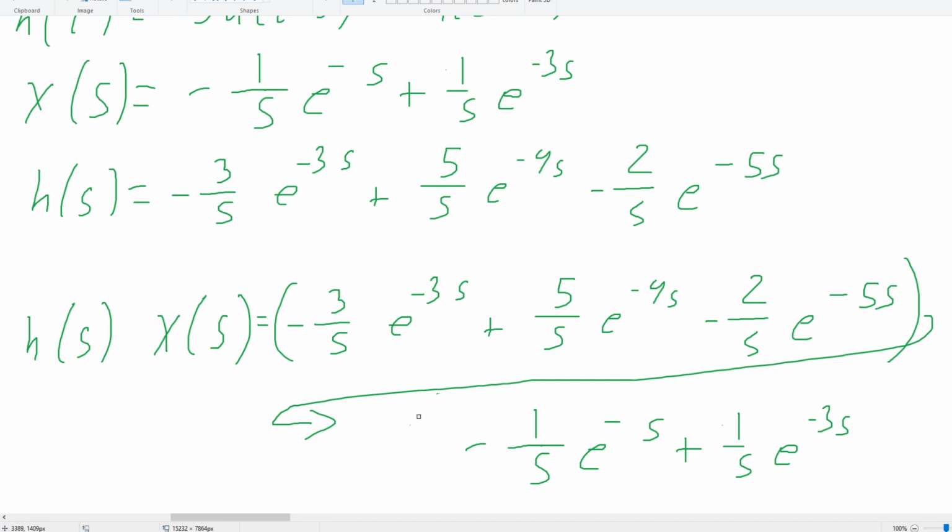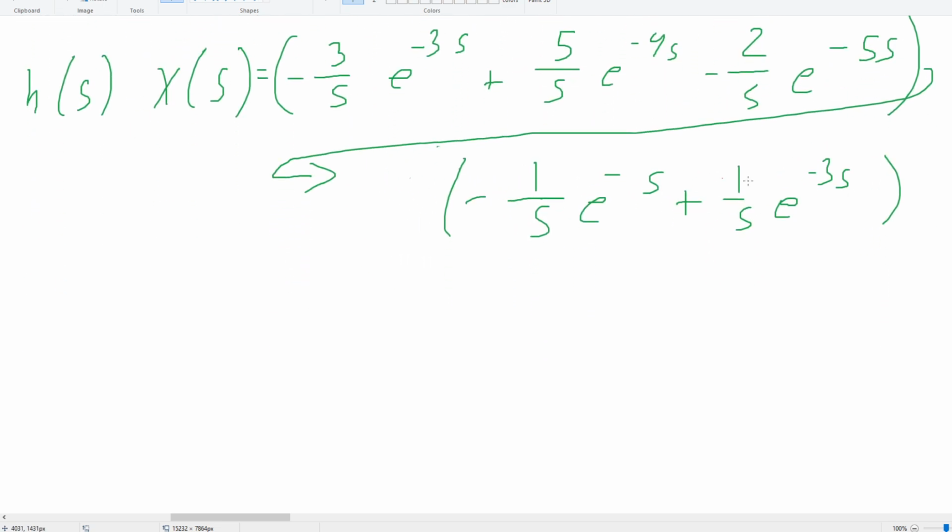Write this parenthesis a little bit better. Alright, so it's H(s) times X(s). We're going to multiply these two together. This really isn't that bad.